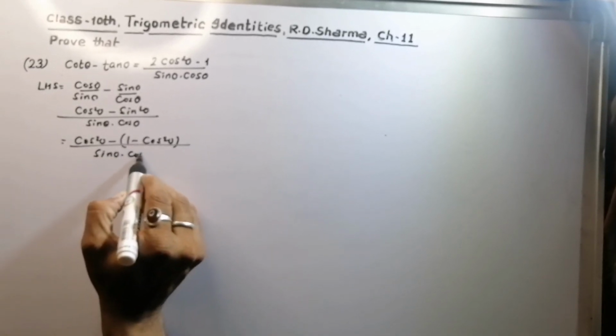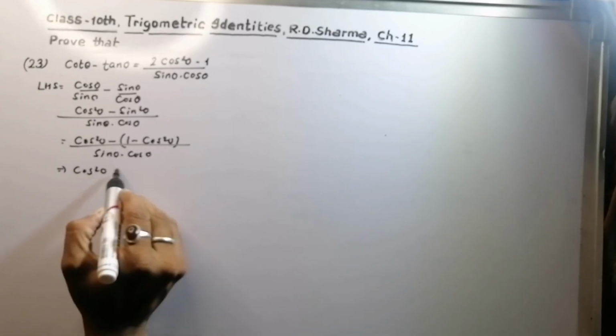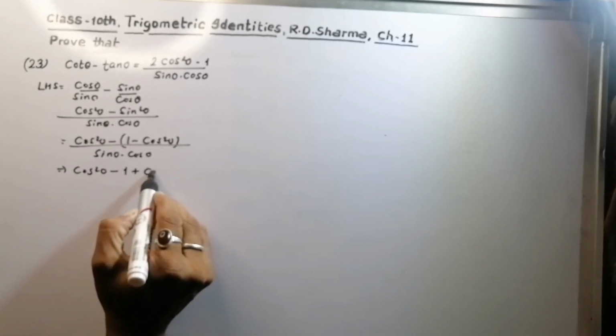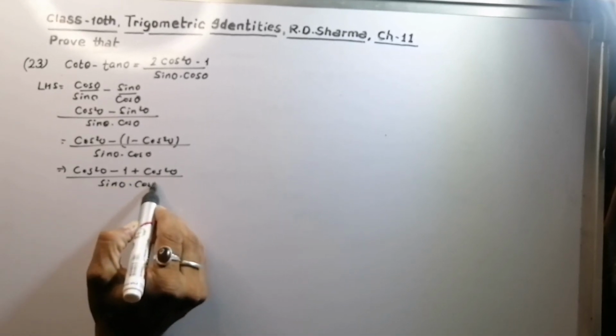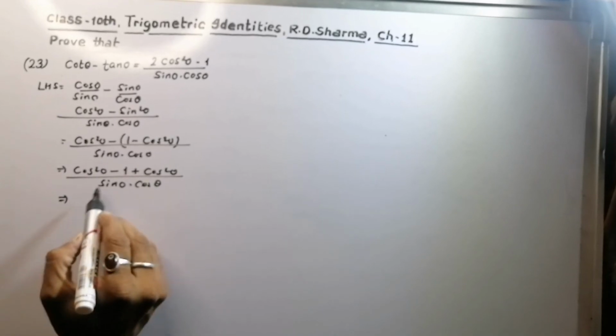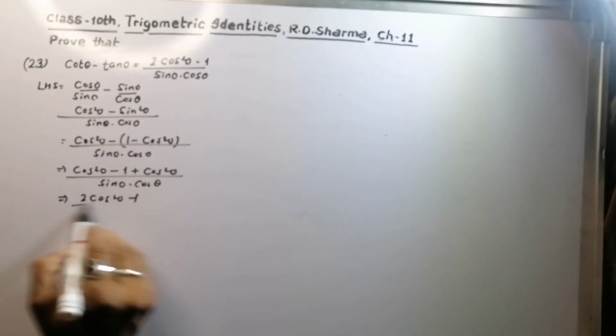So we can write sec square a minus tan square a, which is equal to 1, which is the right hand side. Left hand side equal to right hand side.